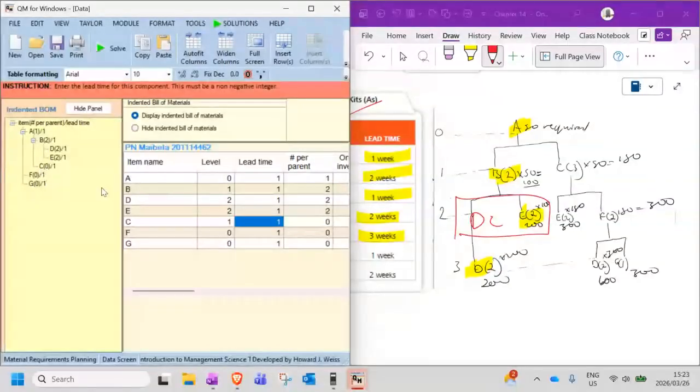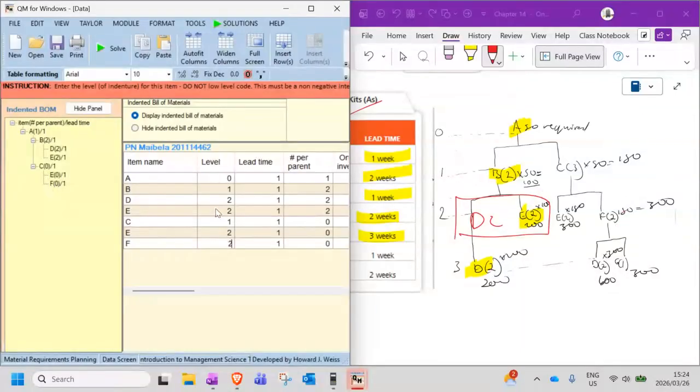Then under B we have E again, and we have F. Okay, we have F. But something is missing. So those two are at level 2. So now you can see them there. So C has E and F.